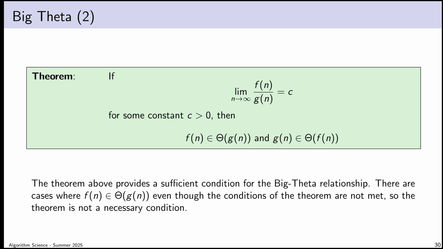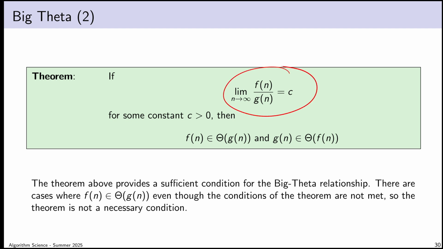So here is a definition. Well, I shouldn't say definition, a sufficient condition. It is not a necessary condition, and I'll come back to that in a few minutes. I'm covering a few bases at once in this lecture, and I have to come back to a few things. So one way of asserting big theta, a sufficient condition, is this limit.